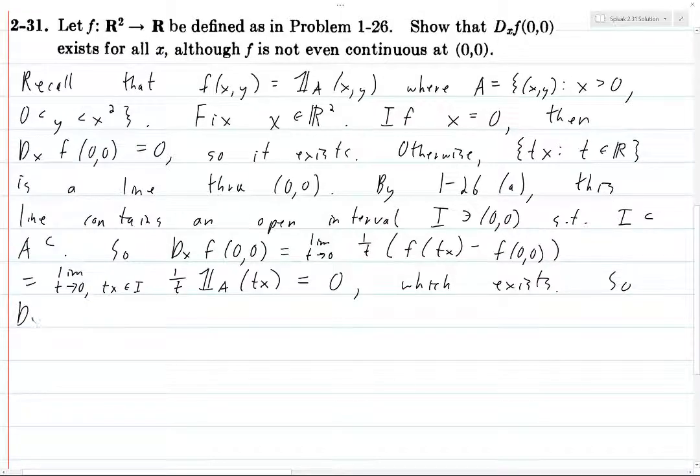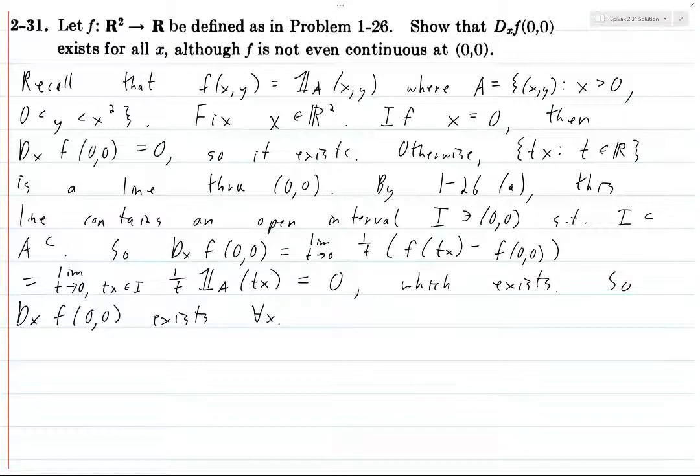So D_x f of 0, 0 exists for all vectors x in R2. And this is true even though f is not continuous at the origin. And of course, the fact that it's not continuous at the origin is what we proved in exercise 1-26b.